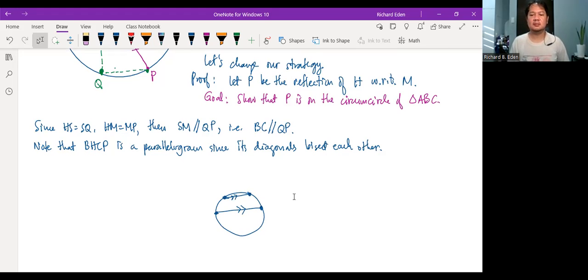An isosceles trapezoid. Yes, isosceles trapezoid. So in fact, if you have a trapezoid that's inscribed in a circle, it's an isosceles trapezoid. Also, if you have an isosceles trapezoid, then that is a cyclic quadrilateral.